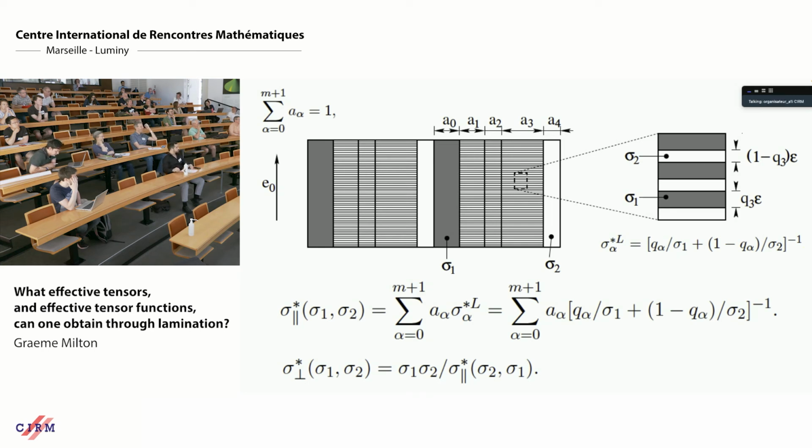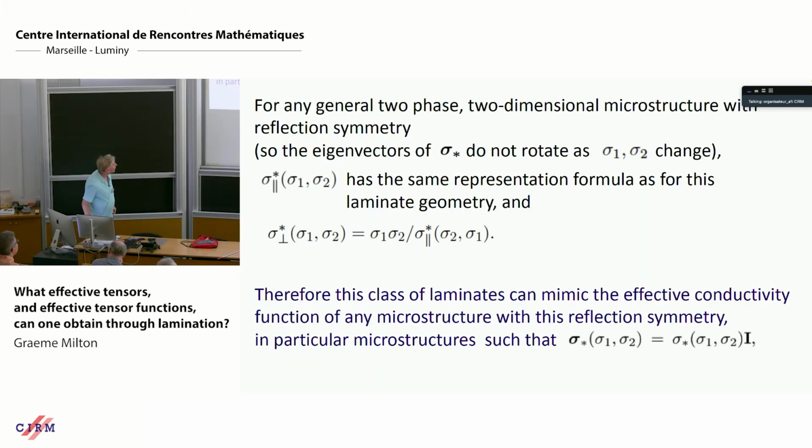Any two-dimensional microstructure, in particular if it has reflection symmetry, can be modeled by a laminate geometry. And in particular, if it's an isotropic material, it has that property. Okay, great.